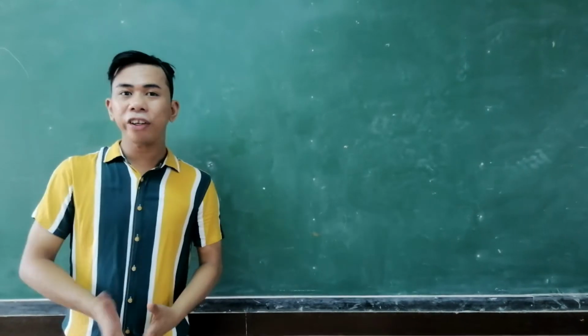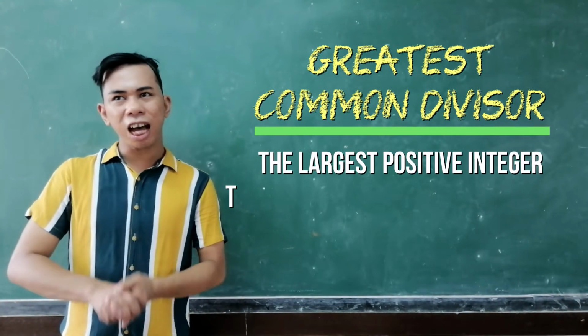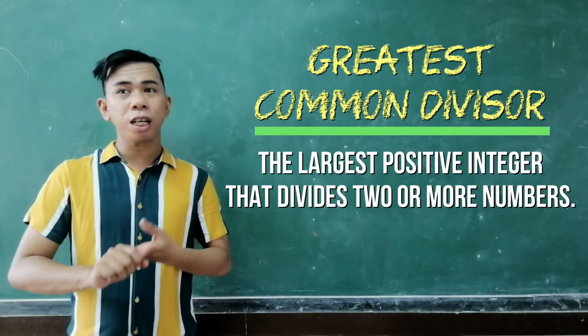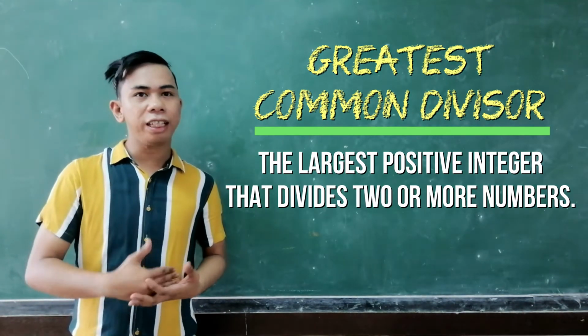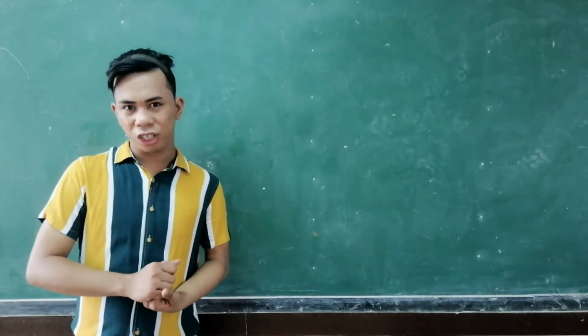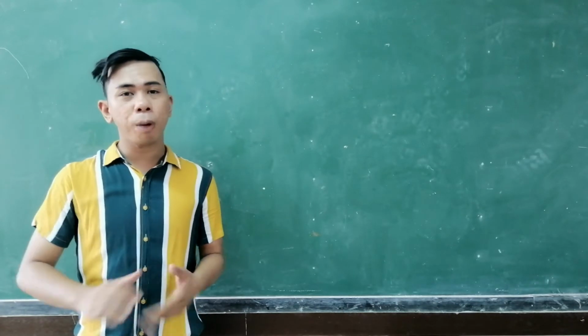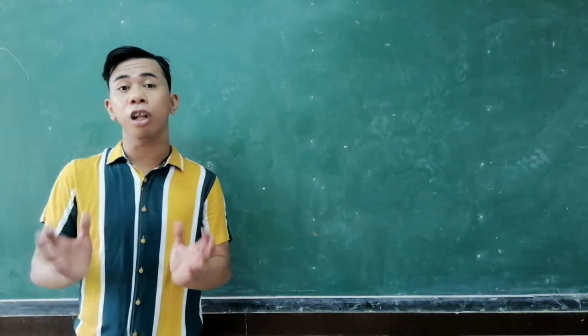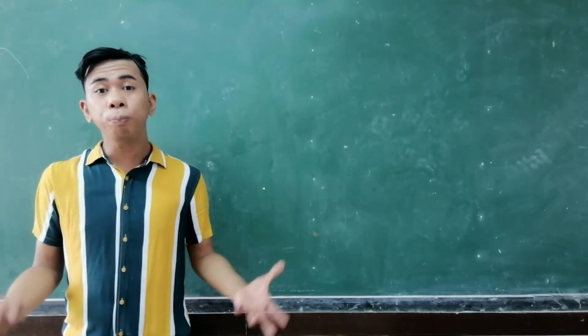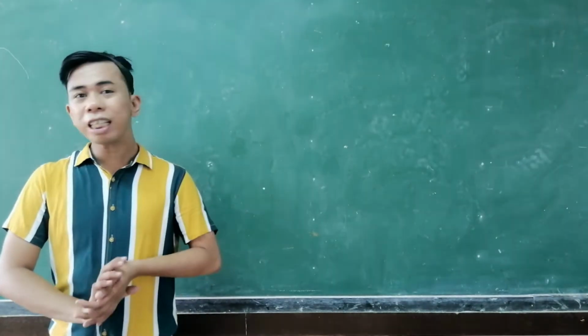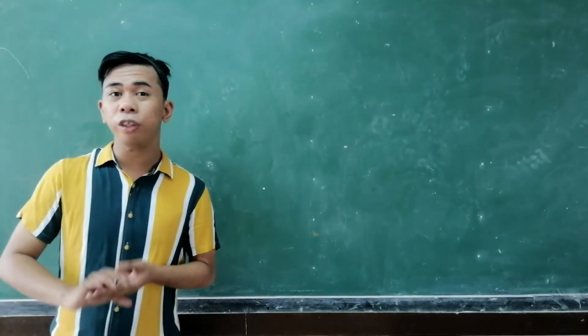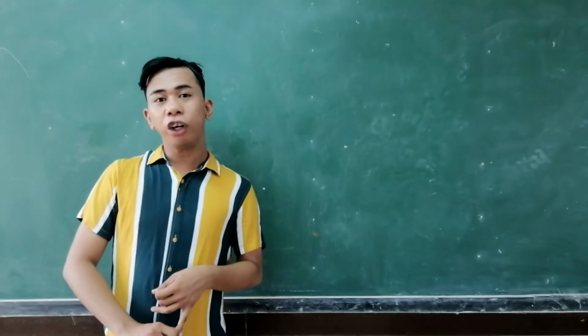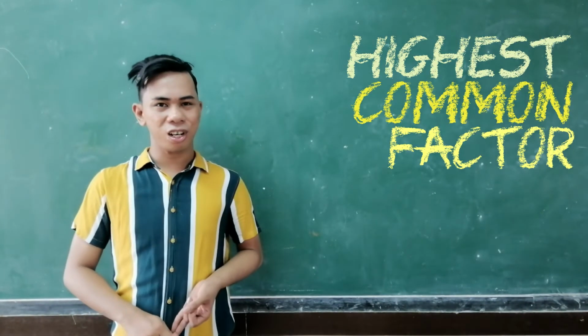Based on our activity earlier, the greatest common factor is the largest positive integer that divides each of the integers. So basically, it's the largest positive integer that is common to both numbers. Greatest common divisor is also called greatest common factor or the highest common factor.